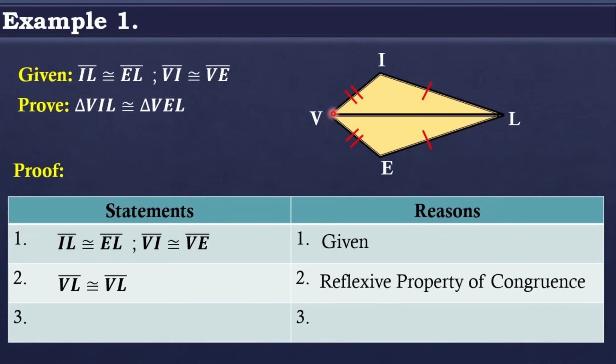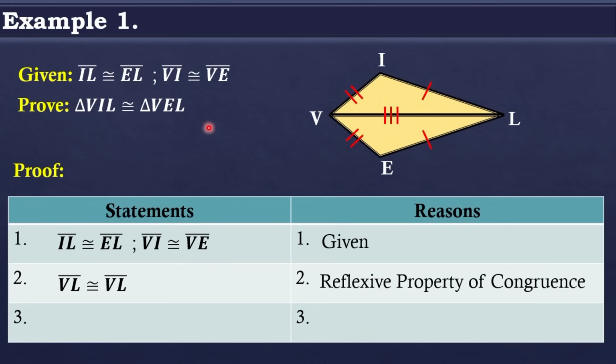Now, i-check nyo po, segment VL is congruent to segment VL. Hindi po pwedeng LV. Depende po yan. Okay? So, segment VL is congruent to segment VL kasi based dito sila po ang corresponding. Okay? So, we have reflexive property of congruence, that is the reason. Lagyan po natin yan ng mark.